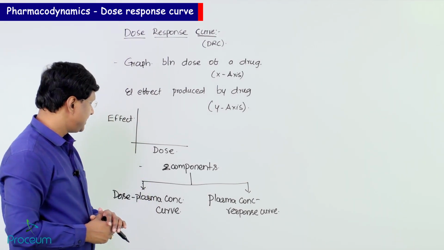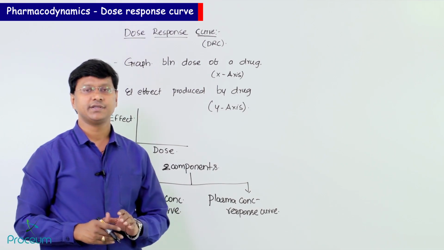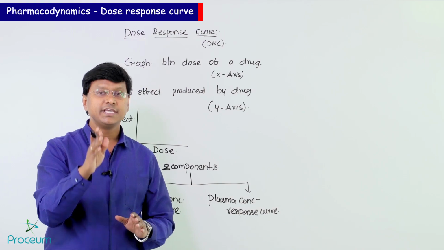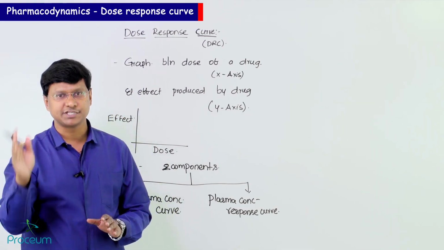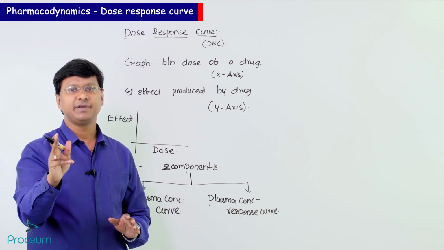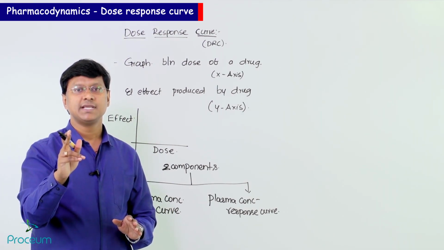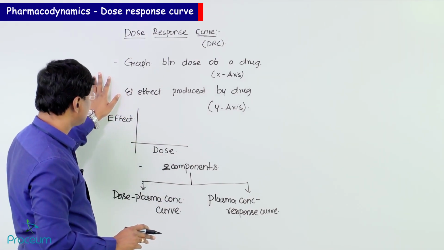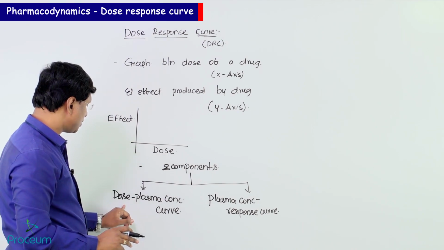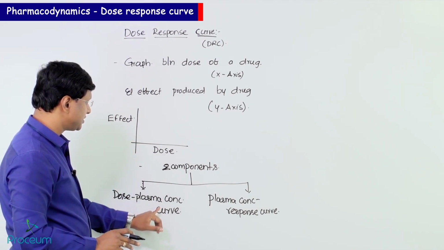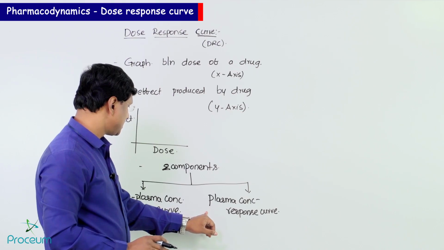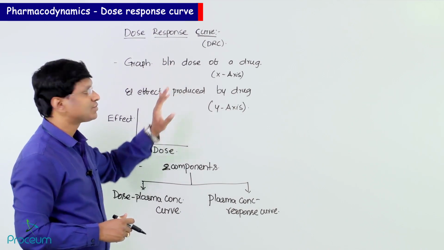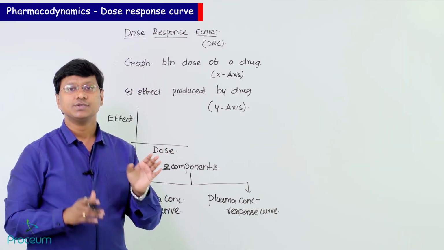Now let me tell you one important point here. Remember, as the plasma concentration of the drug is more closely related to the response, the graph between the plasma concentration and the response is usually called the dose response curve. So the dose plasma concentration curve and the plasma concentration response curve, these two together, if you combine, we get what is called the dose response curve.